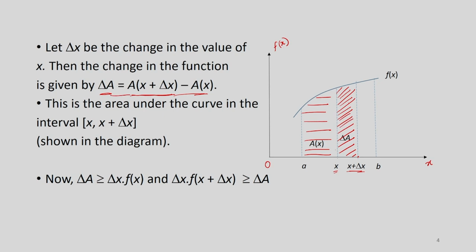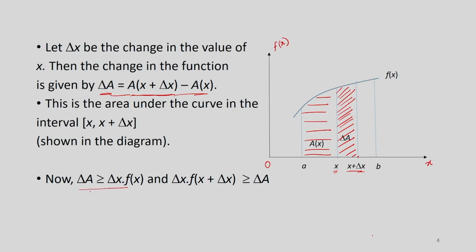This is the area under the curve in the interval x and x plus delta x, that we have shown in the diagram. This delta A is under the curve, under f of x, and between two values which are x and x plus delta x. That is very clear. Now these are some of the important relationships.